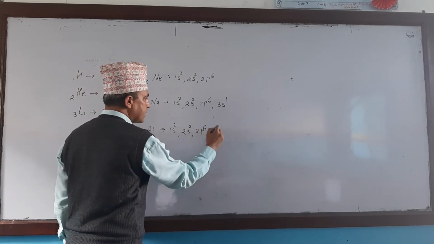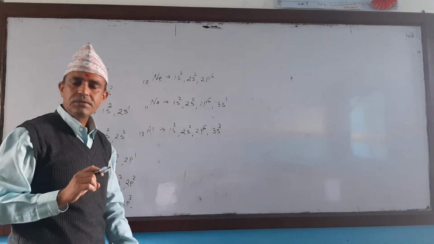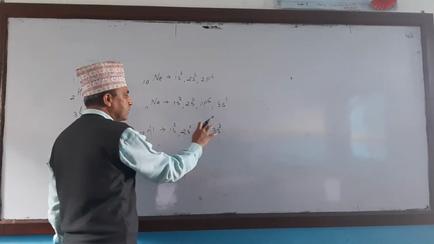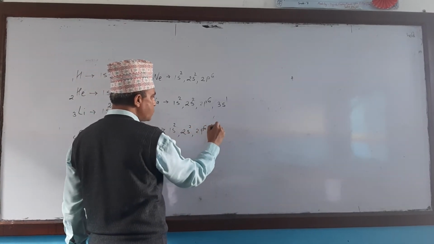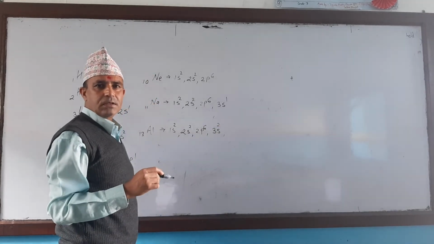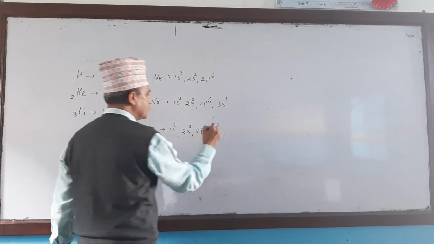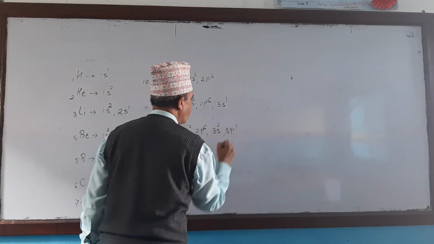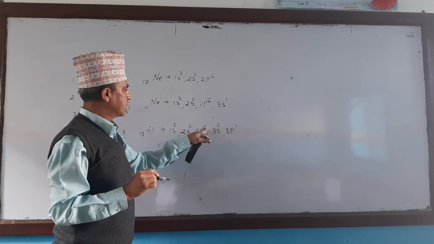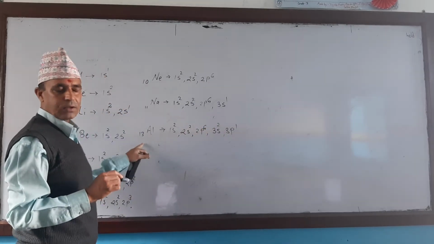So 3s3, can you write? No, because in s we can get maximum 2 only. After 3s, which subshell comes? 3p. So 3p1. Okay. So 1 plus 2, 3, plus 6, 9, plus 4, 13.